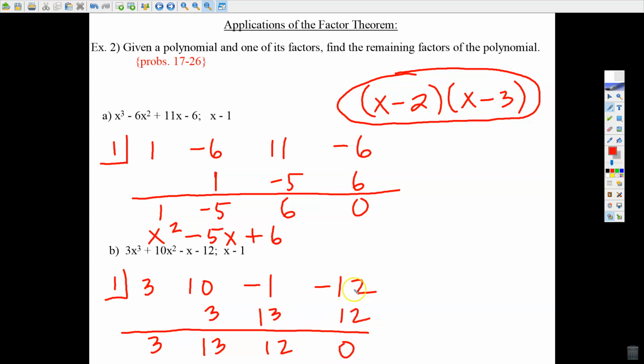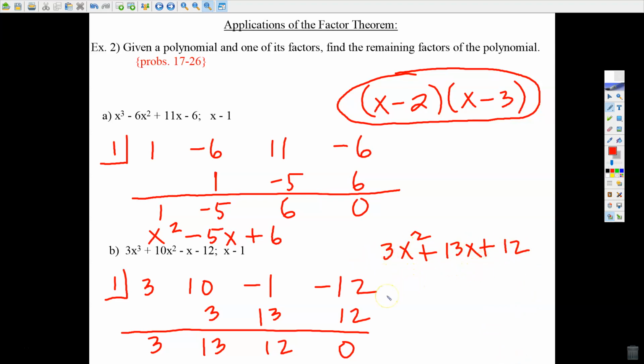All right, we're in good shape. It's not really the fact that we got 0. That is important, but when I do realize that I get 0 as a remainder, it's these numbers that I need to come up with the other two factors, because these numbers represent 3x squared plus 13x plus 12. And now I got to come up with a way to factor this.